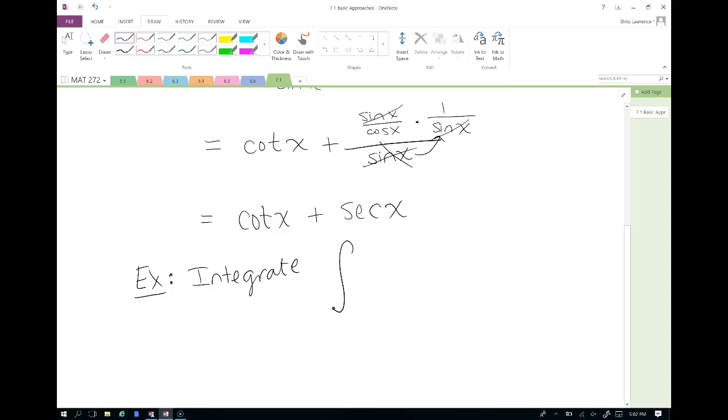So let's look at one where we do have to split up the numerator, but we want to go through the full integration. So we want to integrate 4 plus e to the 5x all over e to the 3x.